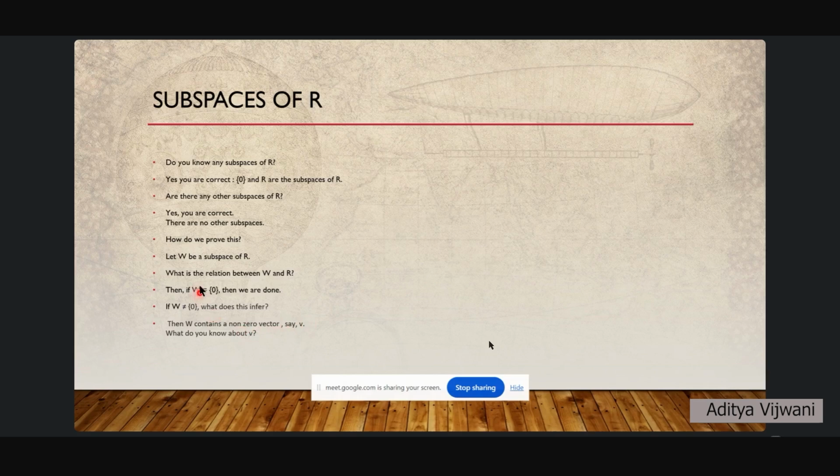We already know that W is a subspace of R and it contains a non-zero vector V. So what can I tell about V? What is V like? Since it is in a subspace of R, it should be some real number. Yes, so V is my non-zero vector and it is a real number.